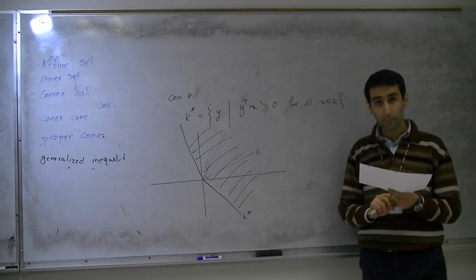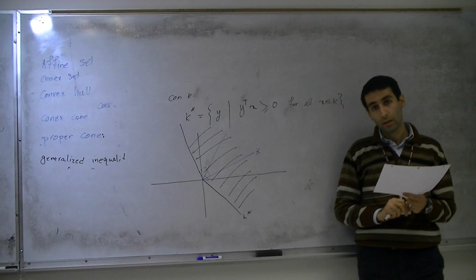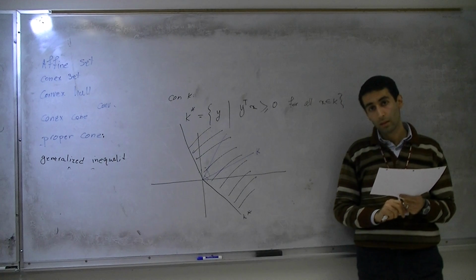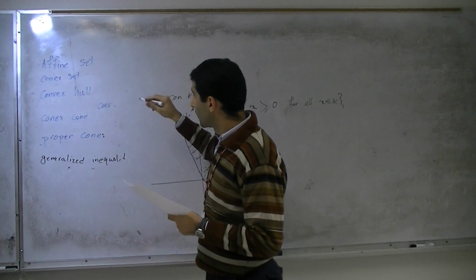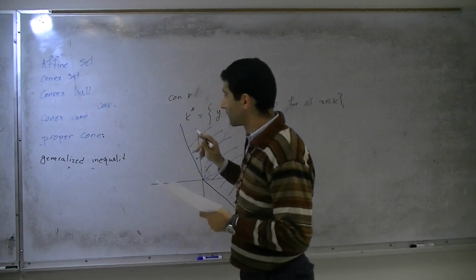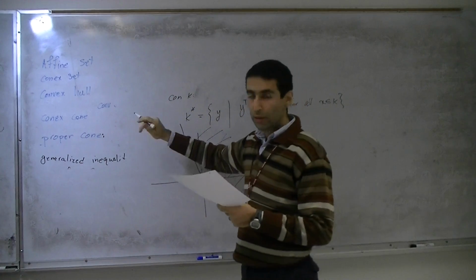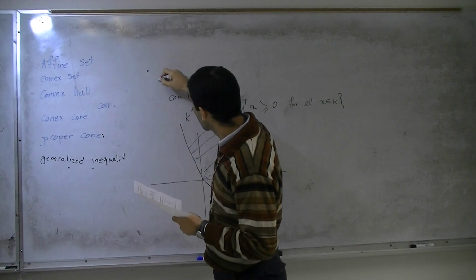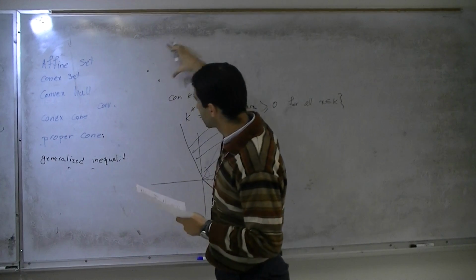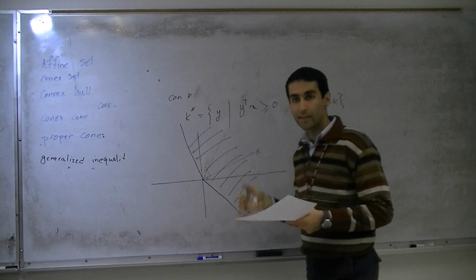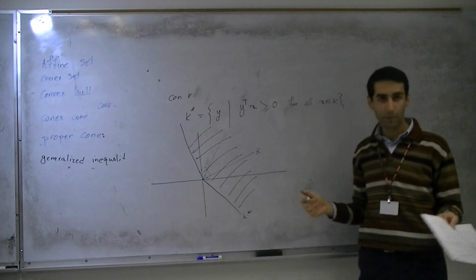So should the cone be just lines, or can it be a curve also? We define a convex cone. If you remember, if you have two points in the 2D space, it was all points in between. It depends on your space; the shape can be different.